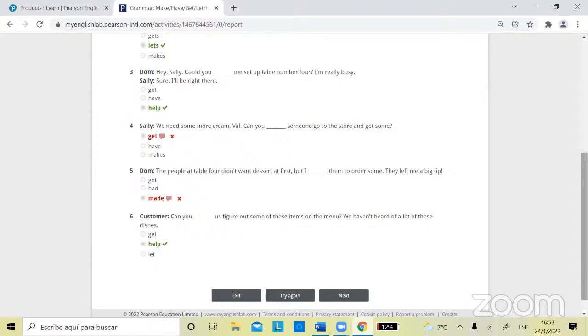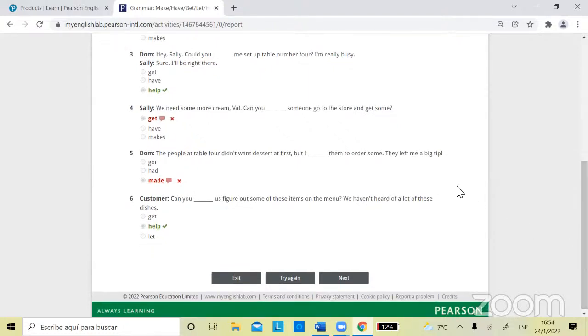So it is like she's asking a favor: can you get someone to go to the store and get some? Or can you have someone go to the store and get some? Because it is a favor, right?